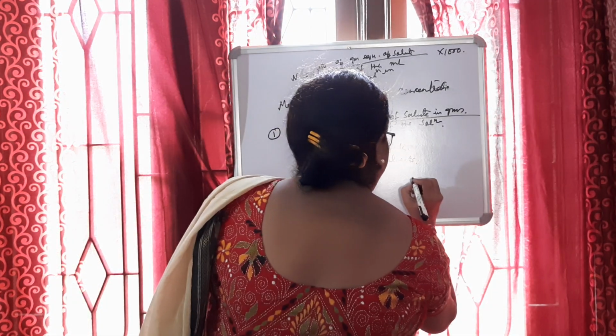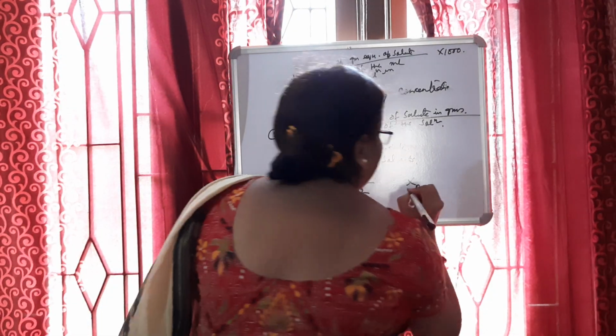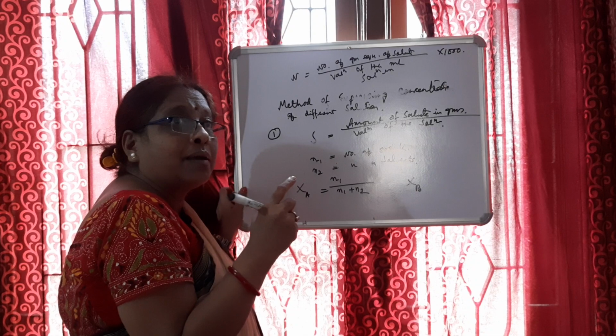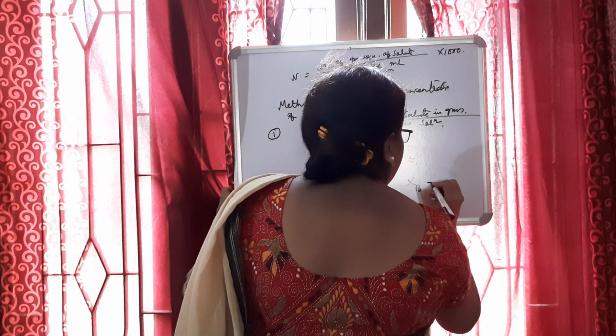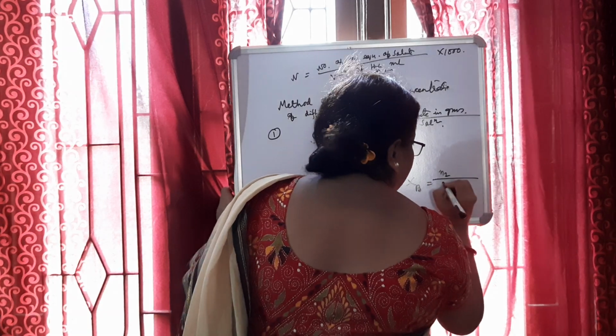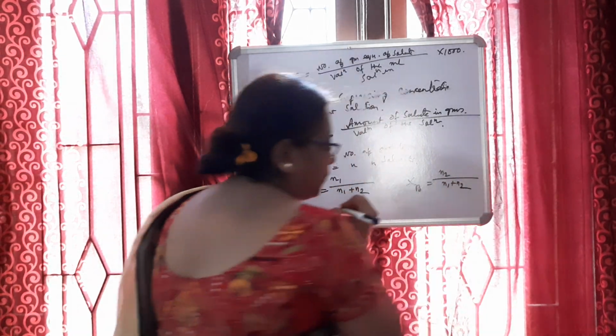Similarly, the mole fraction of the solvent, denoted by X B, that is B in suffix, will be N2 divided by N1 plus N2.